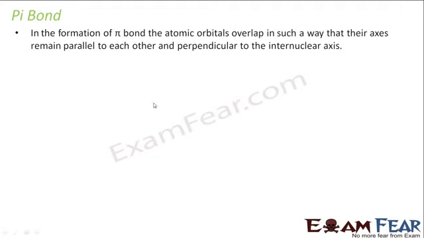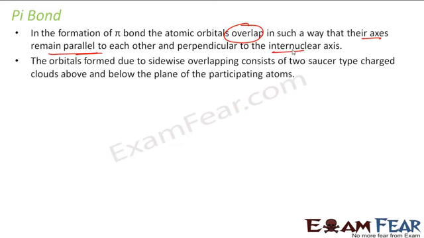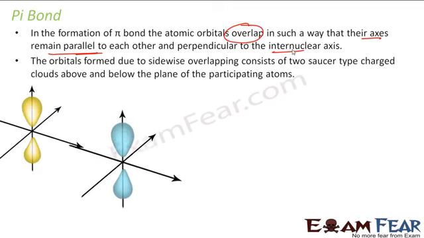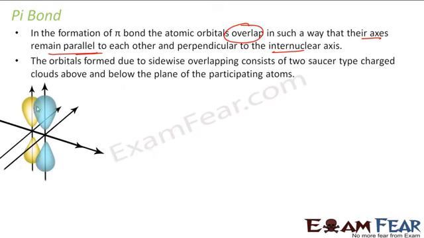Now we'll discuss pi bond. So in pi bond, the overlap is such a way that the axes remain parallel to each other. Right? And these axes are perpendicular to the internuclear axis. We'll show you an example. So if you see here, there are two p orbitals, and the way they are combining is not head-on.